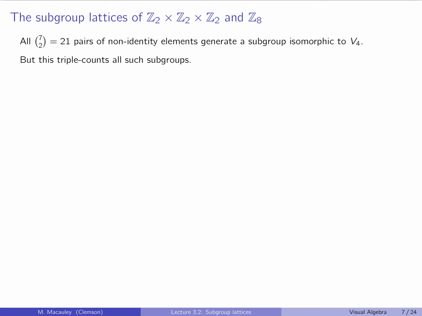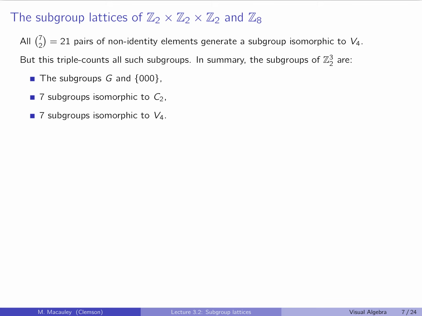But this triple counts all such subgroups, because we know that V4 consists of 3 non-identity elements, call them v, h, and vh, or r. And this is generated by any 2 of them, so vh, vr, or hr. In other words, these 21 pairs only make up 7 distinct groups.